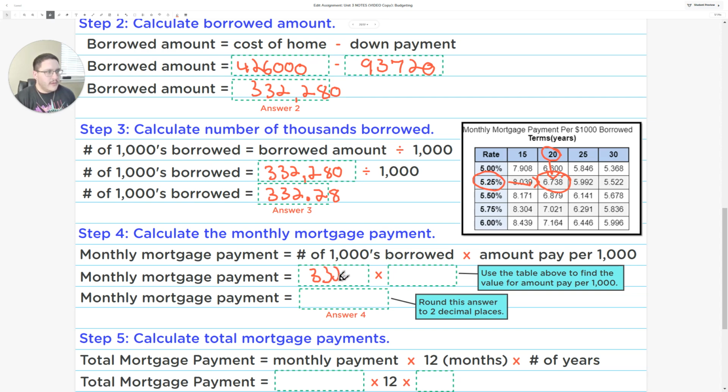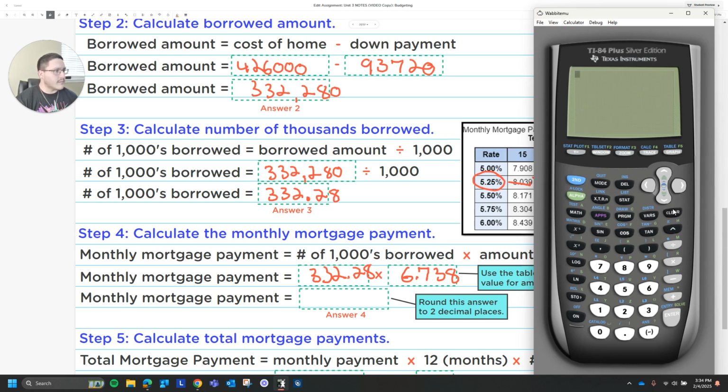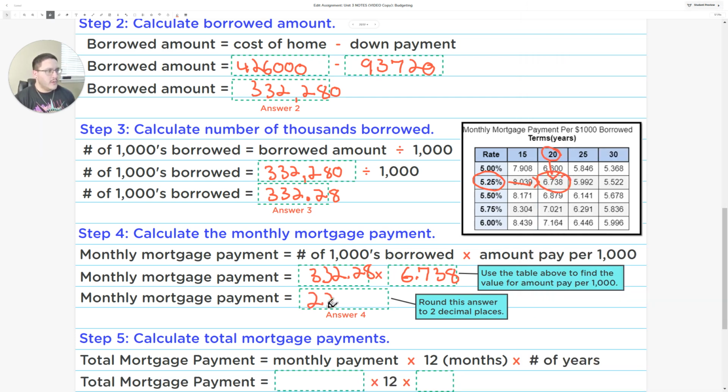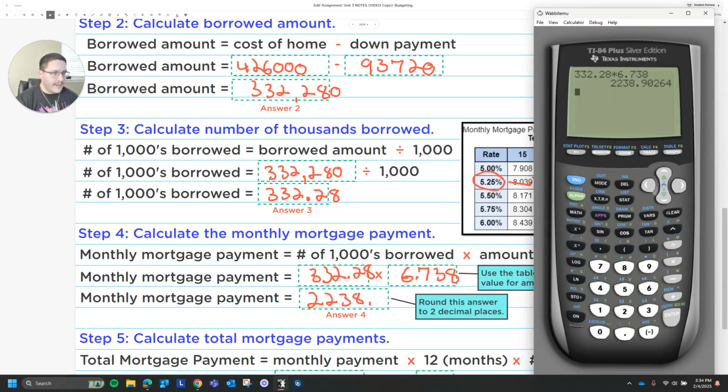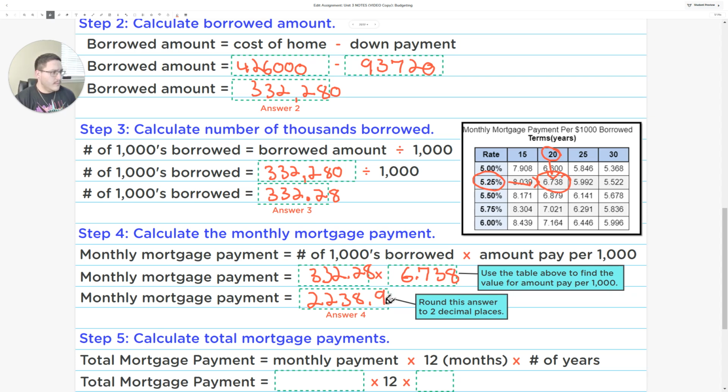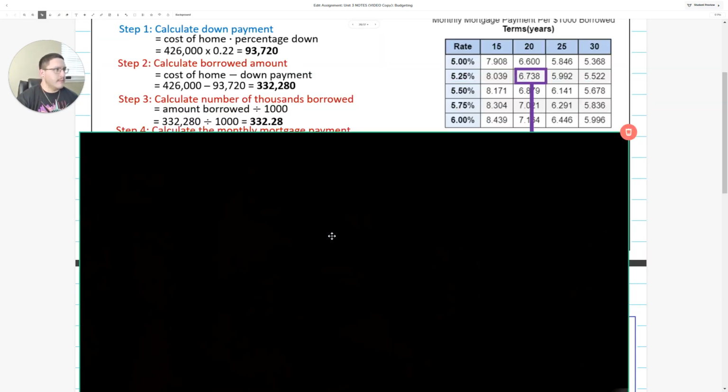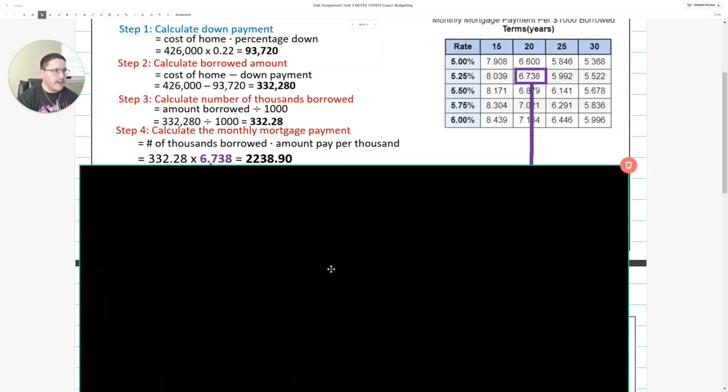So 332.28 times 6.738, we get 2238 point something, 0.90. Okay, so this is the monthly mortgage payment. I'm going to check my answer and make sure I did these correctly. 2238.90. Okay.